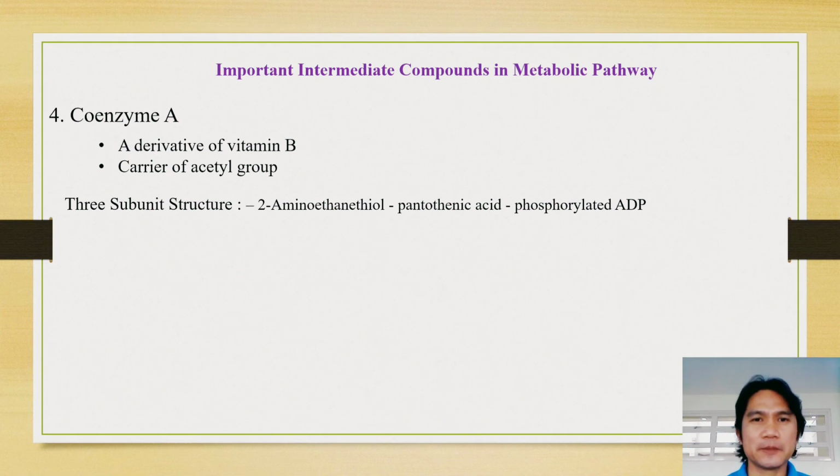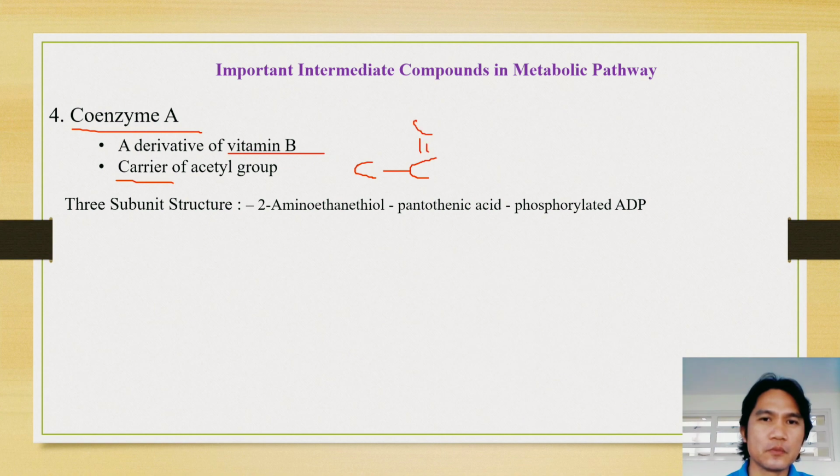Okay, and the next molecule for consideration is also another molecule that is associated in many metabolic pathways. We have coenzyme A. Coenzyme A is a derivative of a B vitamin, and the role of coenzyme A is to carry the acetyl group. An acetyl group is a 2 carbon unit.